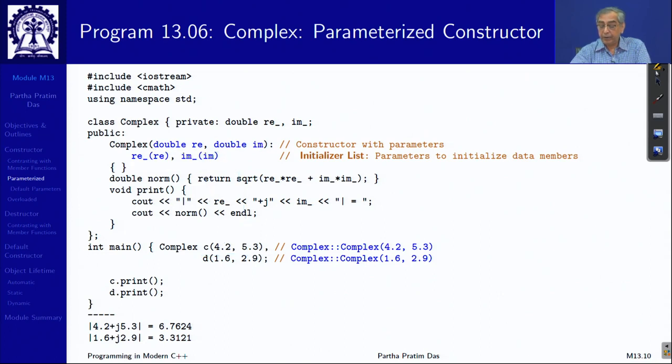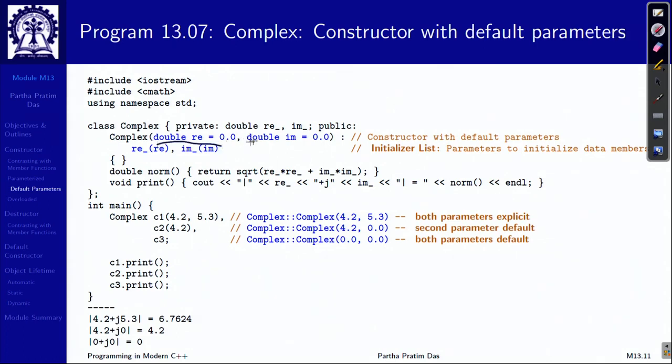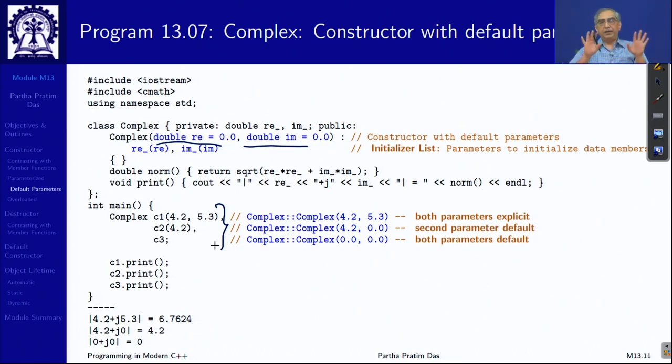And the moment I can put parameters, then all related stories of function will come with that. If I can put parameters, then parameters can be defaulted. If parameters can be defaulted, then a constructor can be invoked in multiple ways. This is just like following the rules of default parameters in functions.